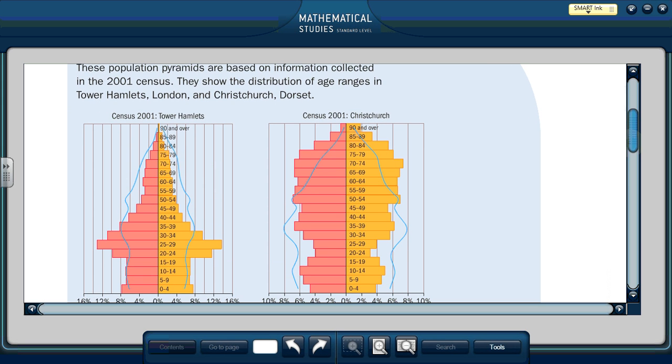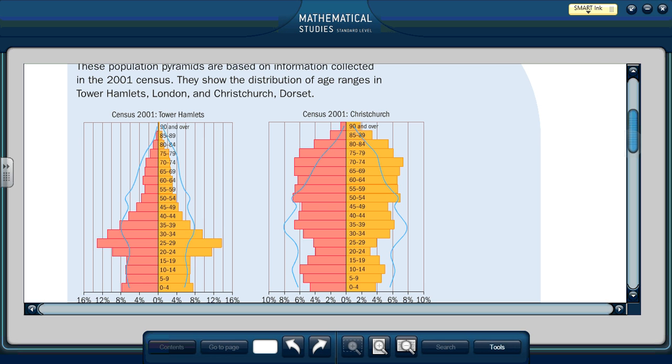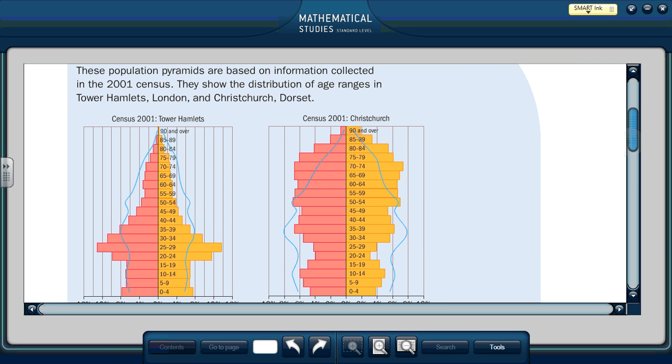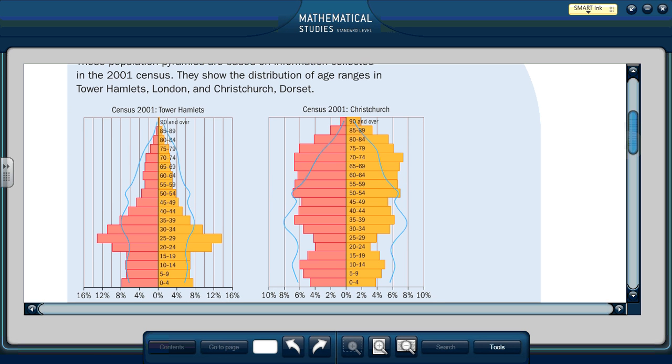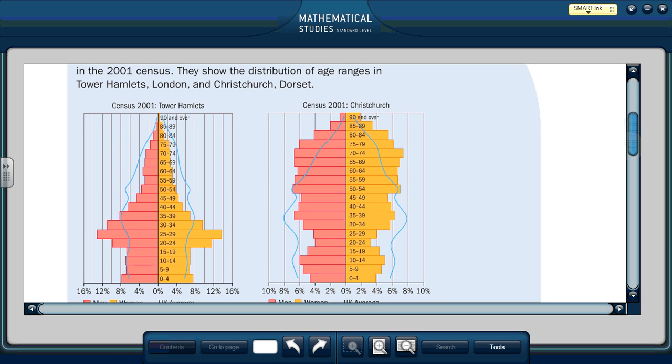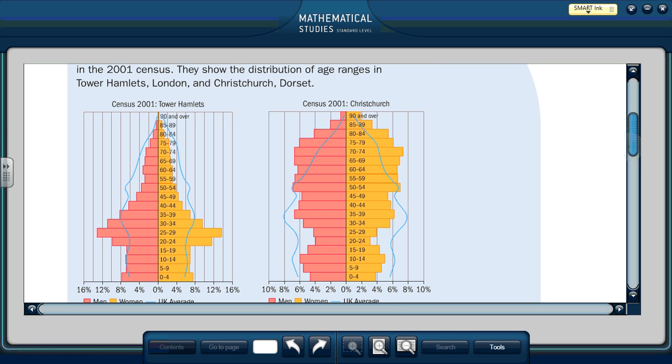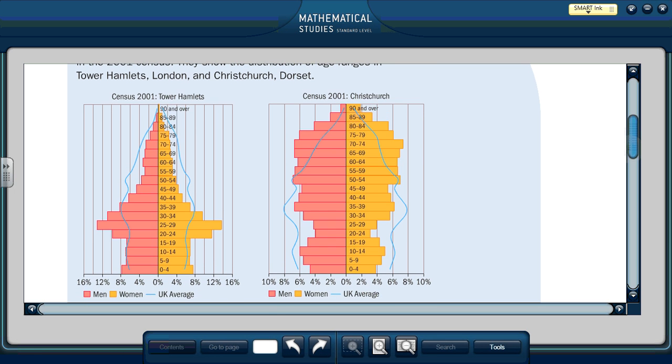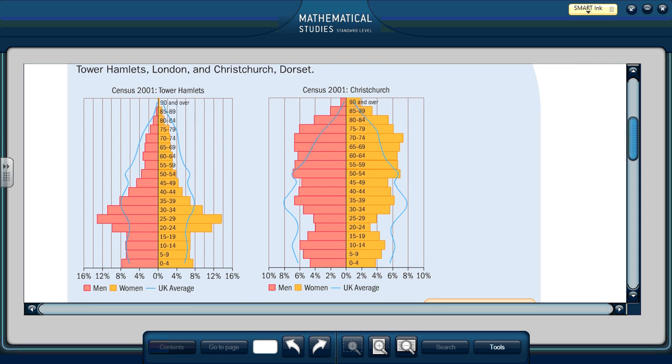So these are called population pyramids, what's in red and orange. And it's saying that those population pyramids are based on information collected in the 2001 census. They show the distribution of age ranges in the Tower Hamlets, London, and that place that I'm not going to attempt to say.